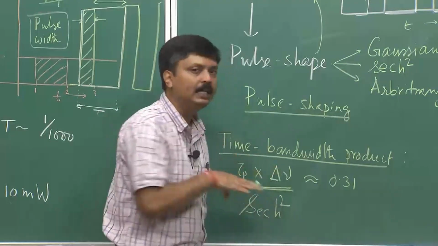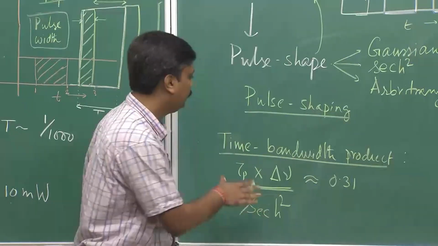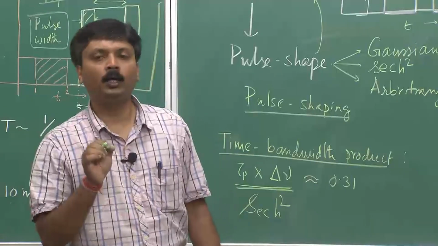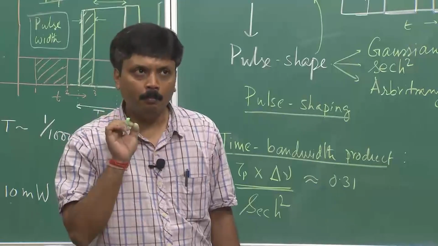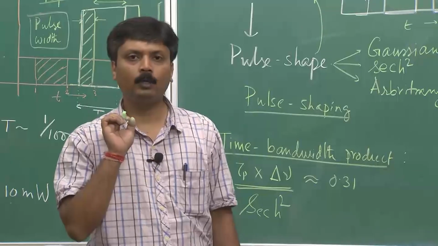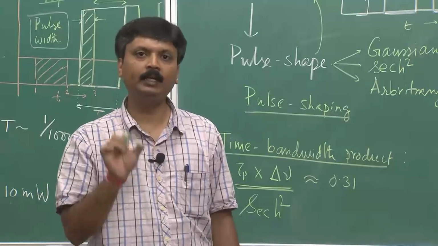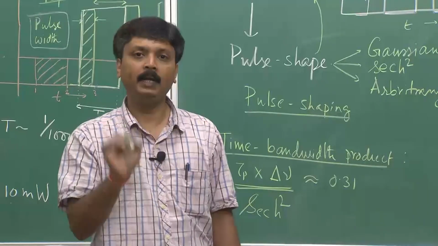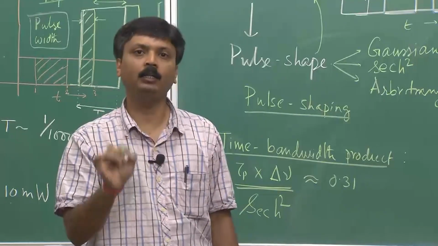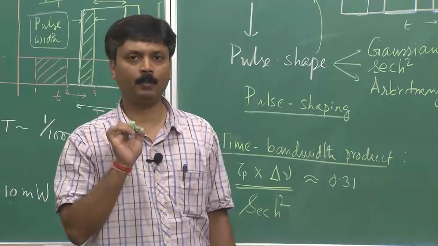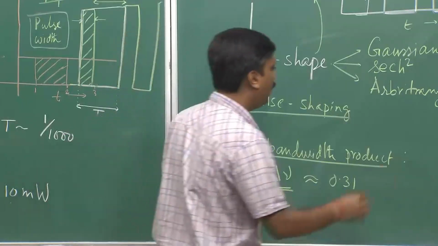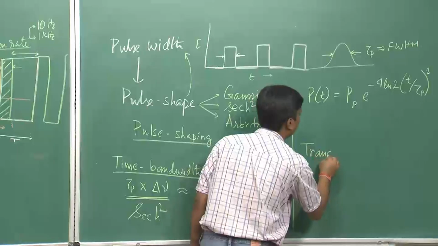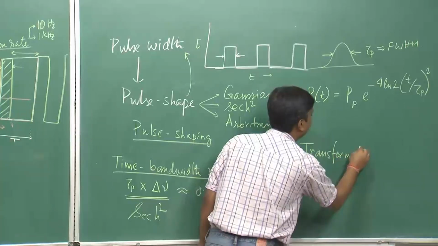This kind of relation puts a limit on the minimum spectral width for a given fixed temporal width, or the minimum temporal width for a given spectral bandwidth, which is known as the transform limit.